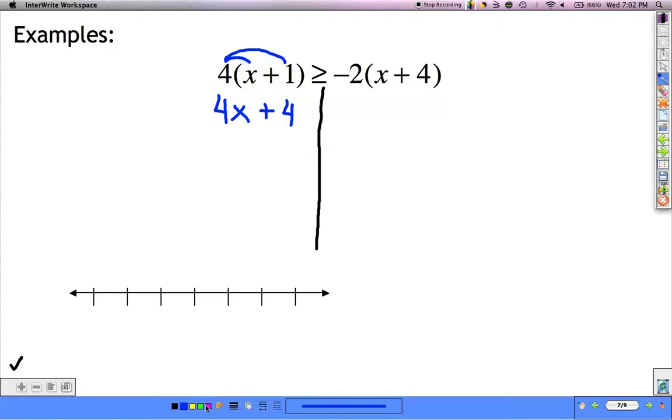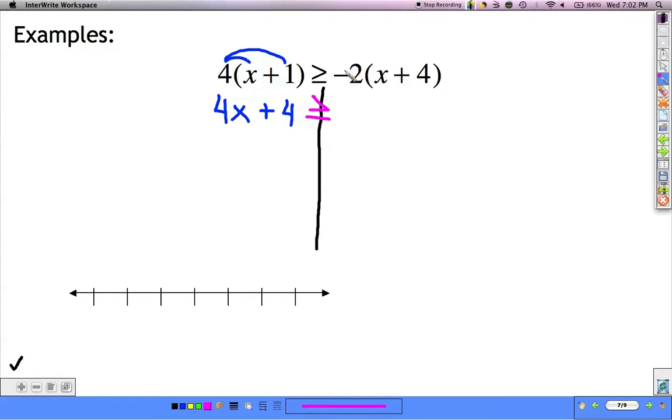On the other side, we have negative 2 times the quantity x plus 4. Now, a lot of people will be tempted to switch the symbol of inequality, but since we're not doing something to both sides, we don't change anything. This symbol of inequality is still going to say greater than or equal to.